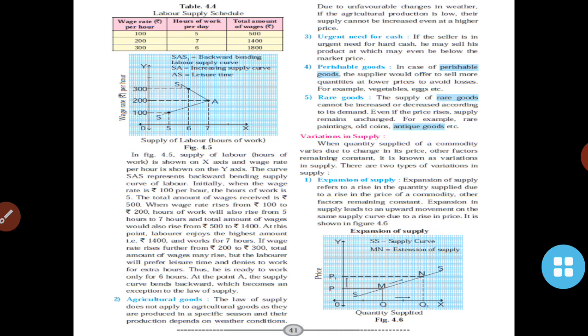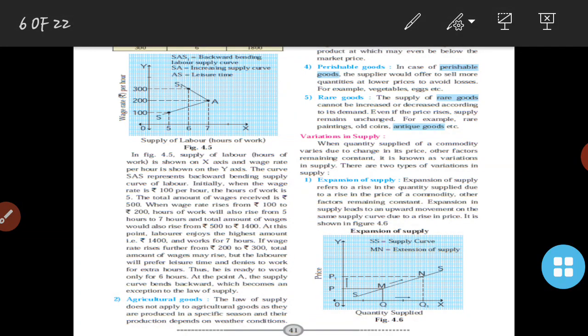So here it's given in figure number 4.5. Supply of labor hours of work is shown on the X axis. Each and every laborer, according to his working hours, is getting his rupees.